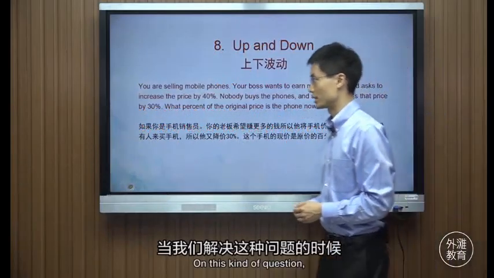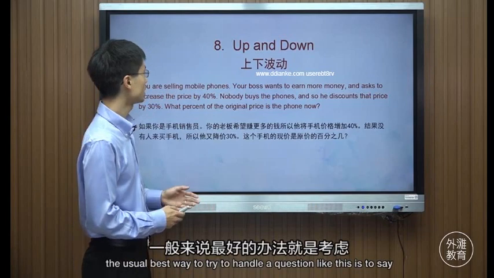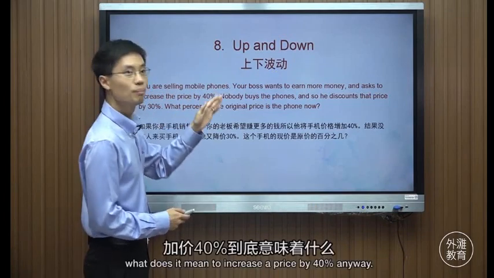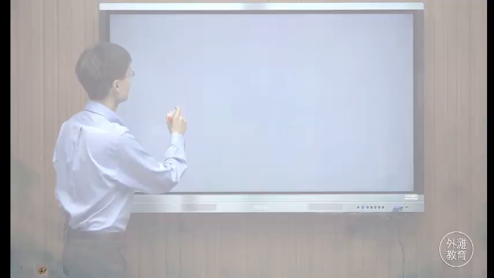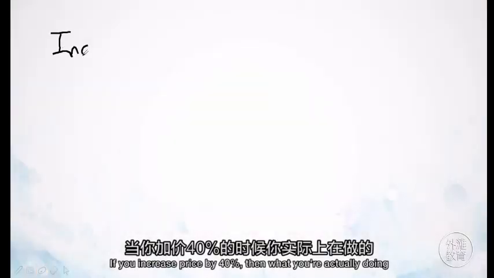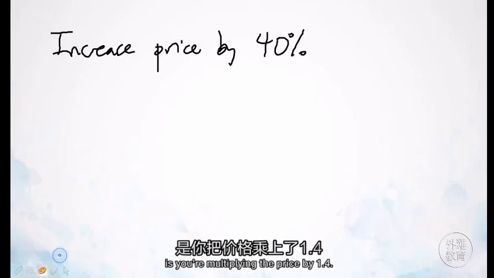On this kind of question, the usual best way to handle it is to say, what does it mean to increase a price by 40% anyway? If you increase a price by 40%, then what you're actually doing is multiplying the price by 1.4.